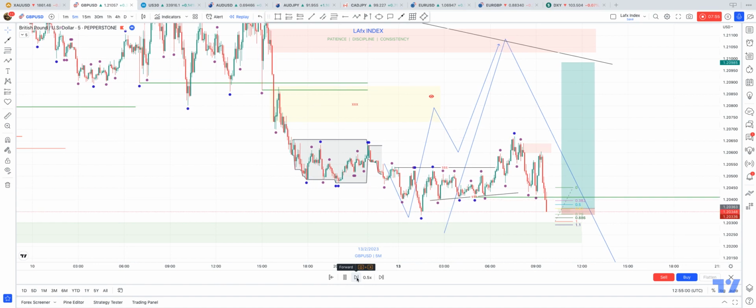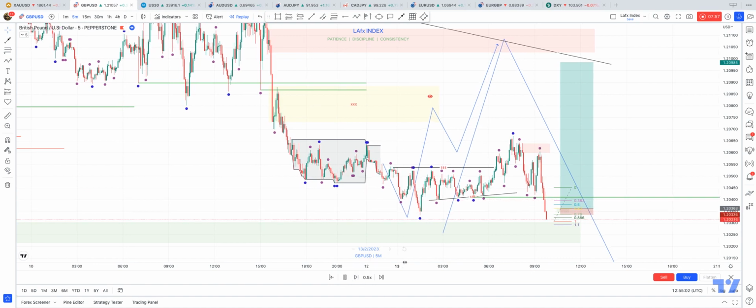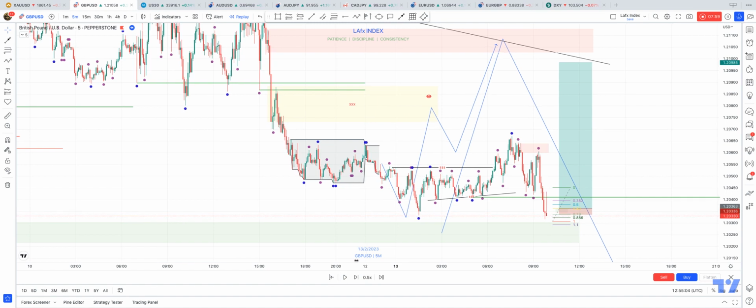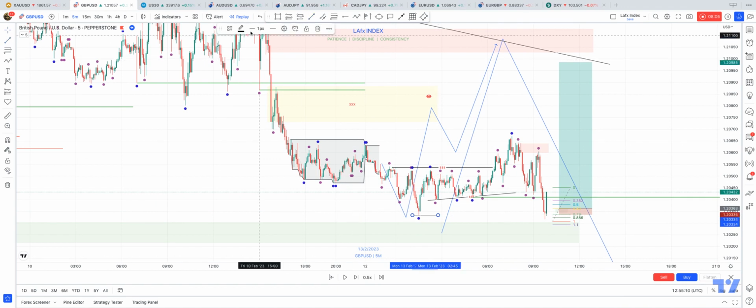We have a major sweep of these lows, of this swing low, right? Take out the liquidity, and now I'm going to look for entry confirmations. So I'm going to go down to the 1 minute.